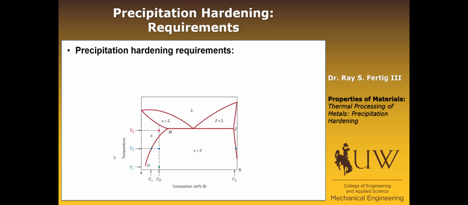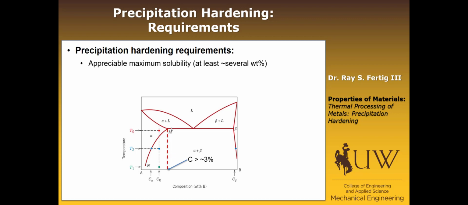But let me tell you a little bit about what's required of the metal itself in terms of the phase diagram in order to be able to even do this heat treatment, and why we didn't talk about it with respect to our plain carbon steels. The first thing is that we have to have some appreciable maximum solubility limit. Remember, this is your maximum solubility limit, and we need it to be at least several weight percent of whatever alloying element we have.